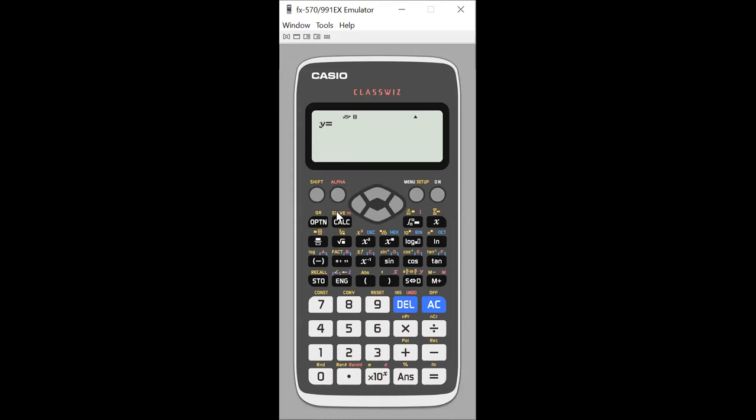Okay, then what was the equation? y equal to x minus f(x) upon f dash (x), right? So instead of this, let's first write f(x). Let's say c: alpha c, alpha equals, that is your calc equal.